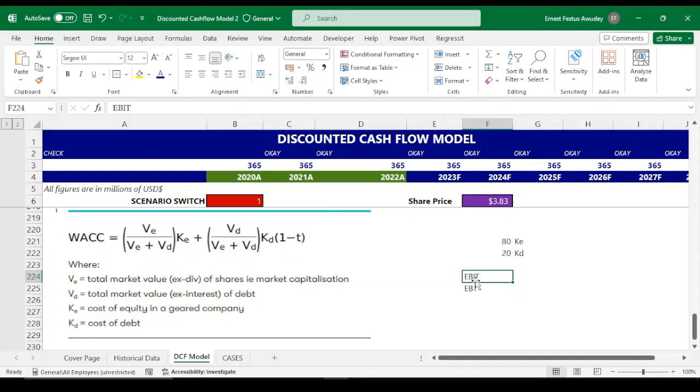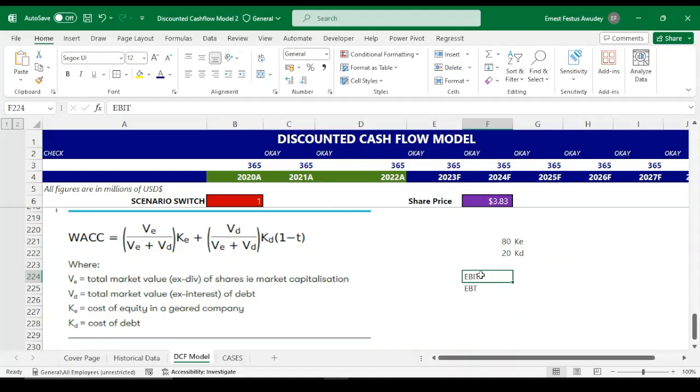Now, this interest element here is calculated on our debt, and we subtract that. It is tax free. All right, it is not taxed. That is why we are calling it the after-tax cost of debt. All right, so that is what we have there.